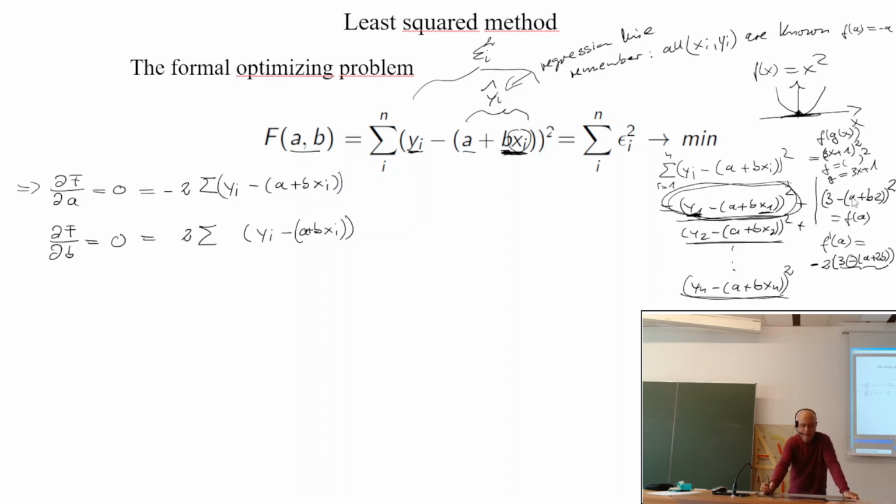But what is the inner derivative of this part here? If you say that f of b is b times xi, what is then f prime of b? Remember, this xi is again just a number. Maybe it's 3. What is then the derivative?